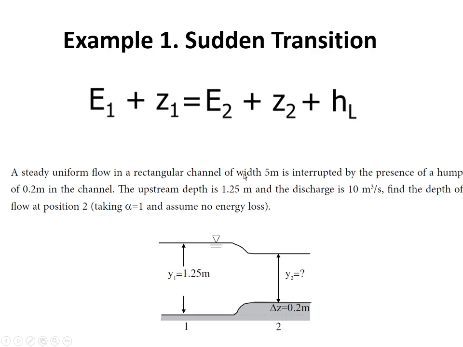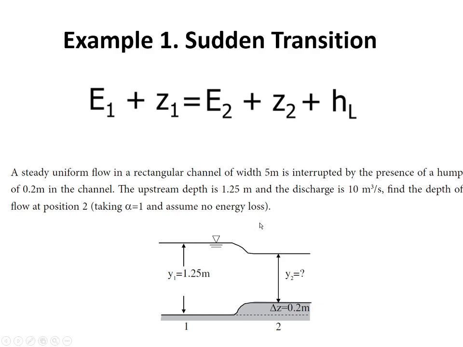This is a very informative question, and let's review the knowledge that we have from it. The upstream depth equals 1.25, and we have a hump with a height of 0.2 meter. The discharge in this canal equals 10 cubic meter per second.